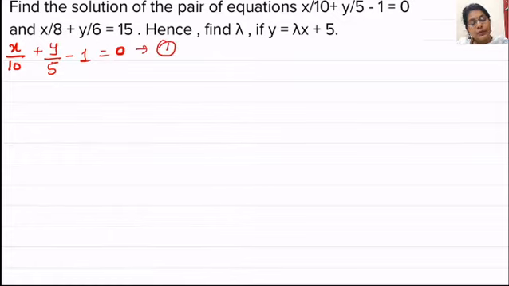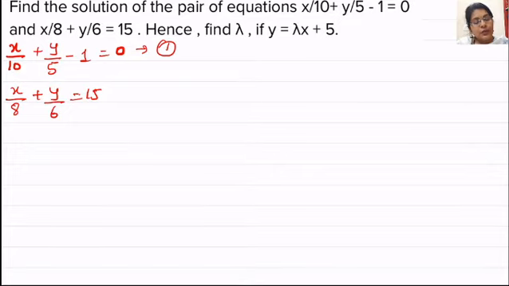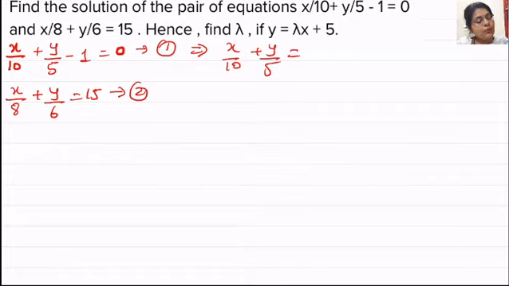And x upon 8 plus y upon 6 is equal to 15. This is our second equation. This also we can write in this way, x upon 10 plus y upon 5 is equal to 1.